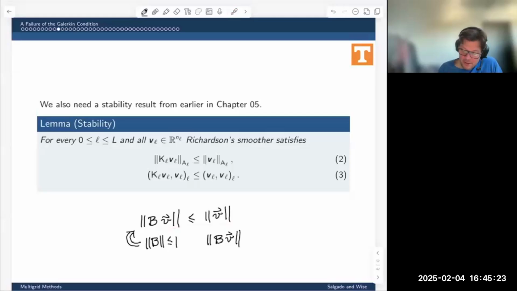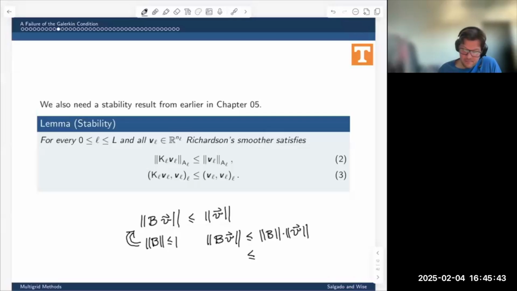Well, remember, any induced norm satisfies submultiplicativity. Or no, let's see. It does satisfy submultiplicativity, but that's not what we need. We need the continuity of norms. So let's use the continuity of norms.